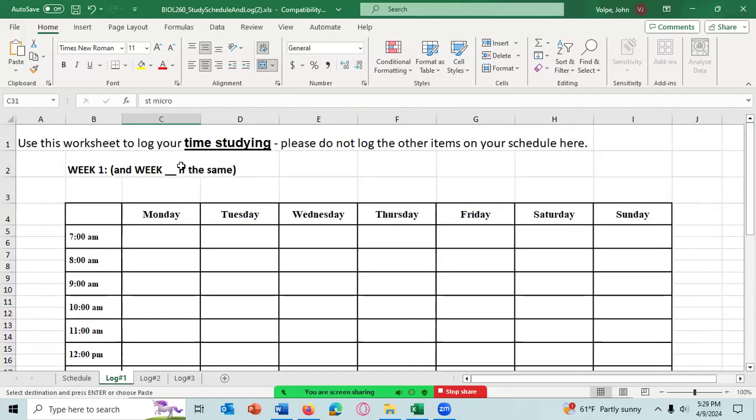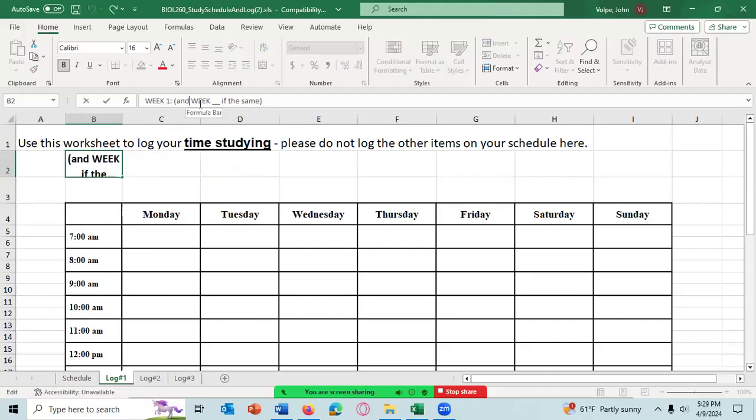For log 2, this is for week 1, your study schedule for week 1. If week 1 will be the same study schedule you're going to be doing for all the other weeks, then state that up here. All weeks, something like that.